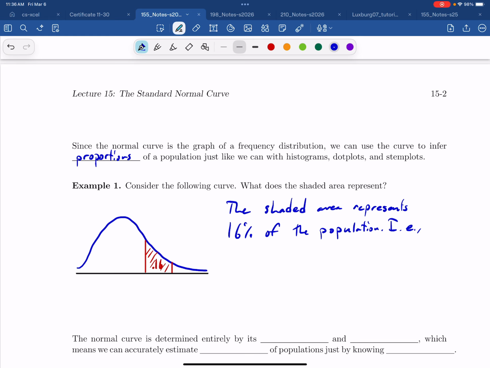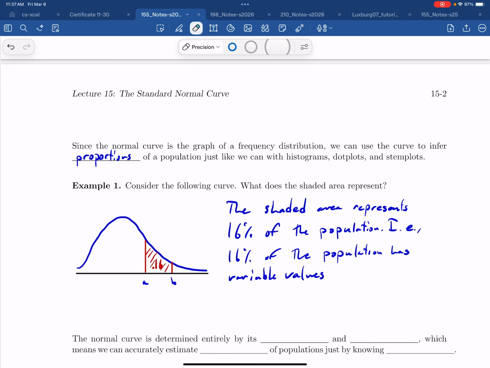I.e., 16% of the population, I guess you could say, has, I'll just say, variable values in the interval from A to B. Okay?